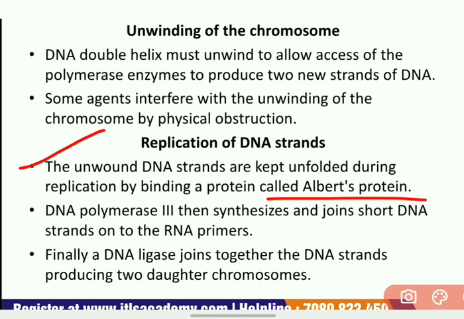A series of enzymes produce new strands of DNA using each of the separated strands as templates. An RNA polymerase forms short primer strands of RNA on each template strand at specific initiation sites.